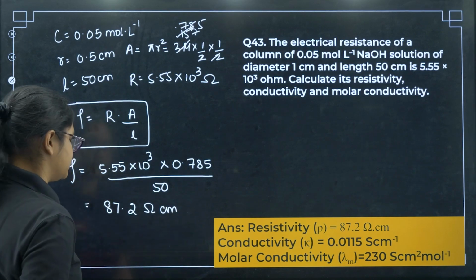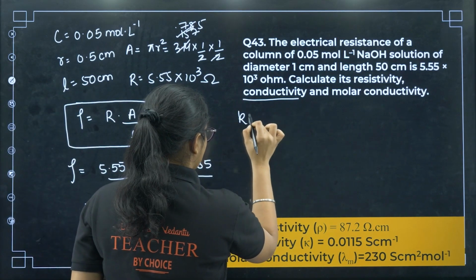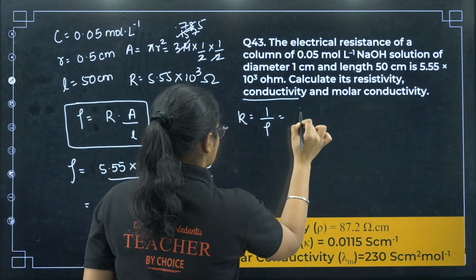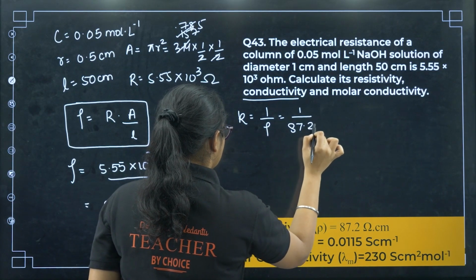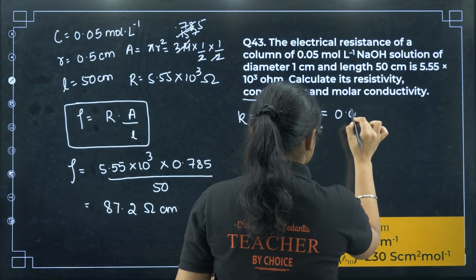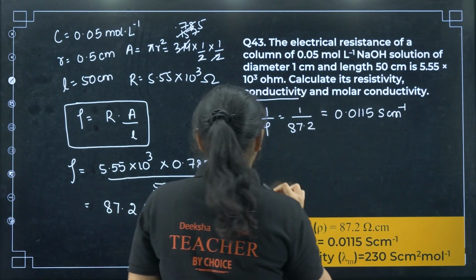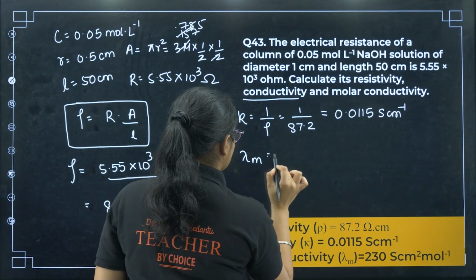You can check the calculation. Okay, now next one is to calculate the conductivity. Conductivity is 1 by rho, so 1 by 87.2, and you will get 0.0115 S centimeter inverse.